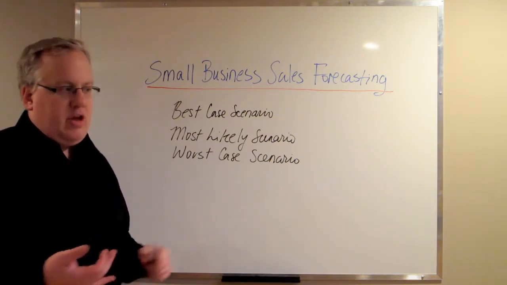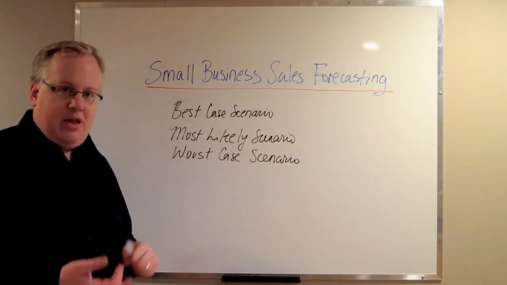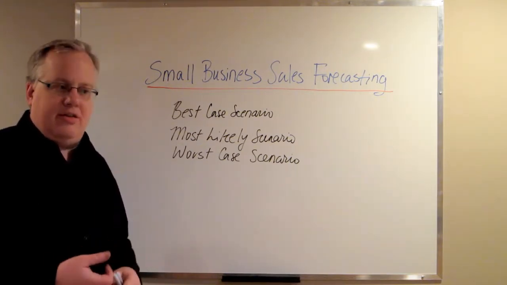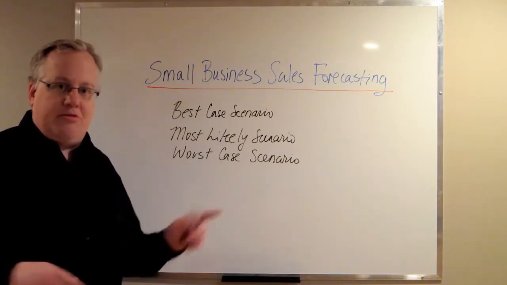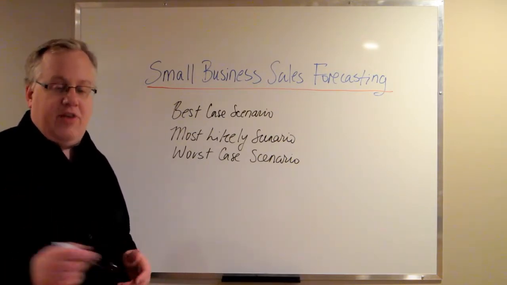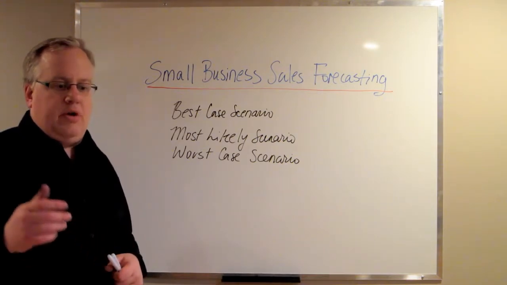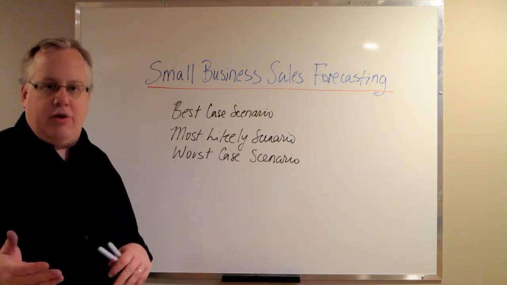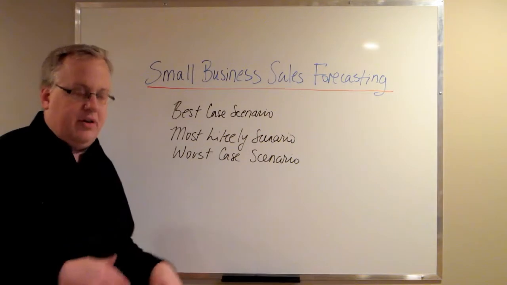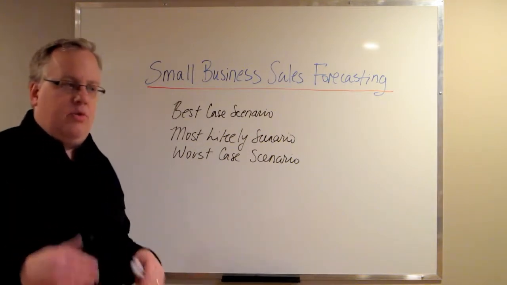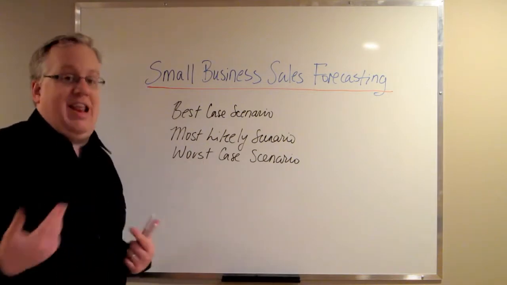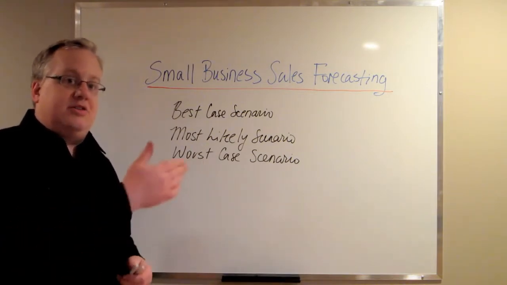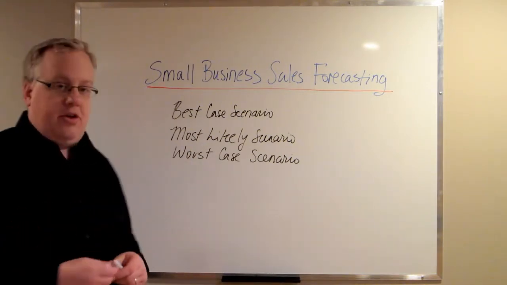It's used by product managers, project managers, all kinds of people that do installations and want to measure transit times and delivery times from multiple points and different vendors. It's all about identifying critical and non-critical paths to project completion. So it is a project management tool, but we're going to use it today for our analysis on how to improve small business sales forecasting.